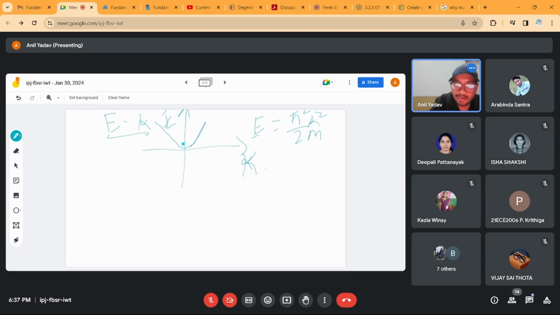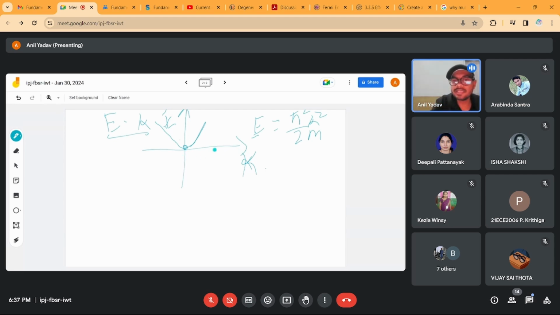This is the energy of the electron when moving in free space, so it is a parabolic kind of relation. This is not real space. Whenever someone says the electron is here, it means the momentum of that electron is zero.